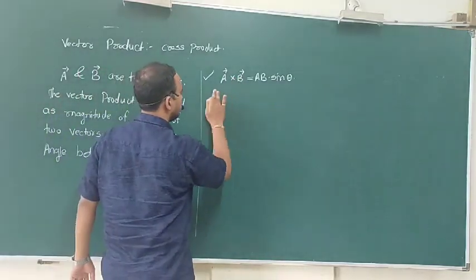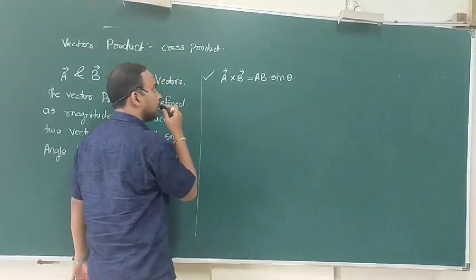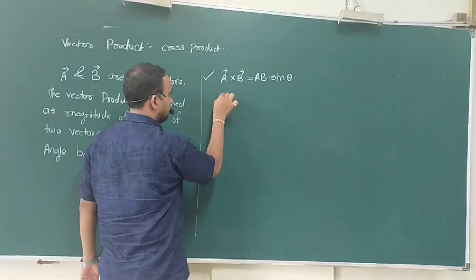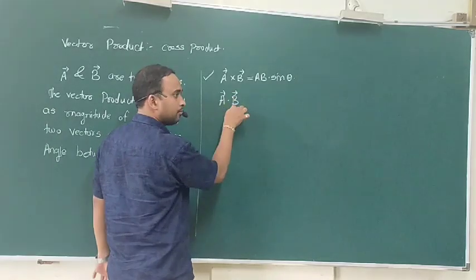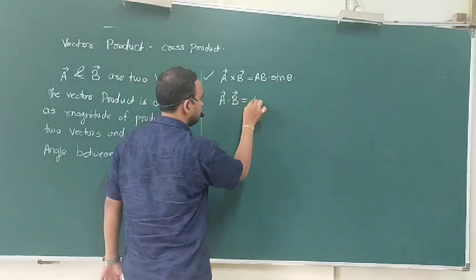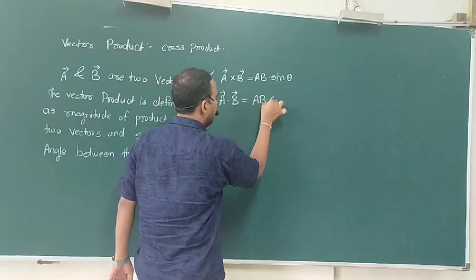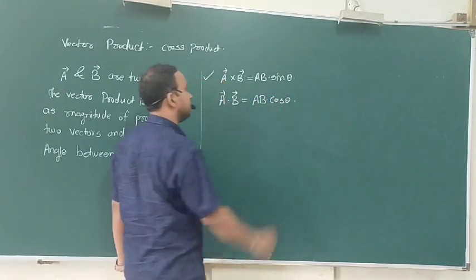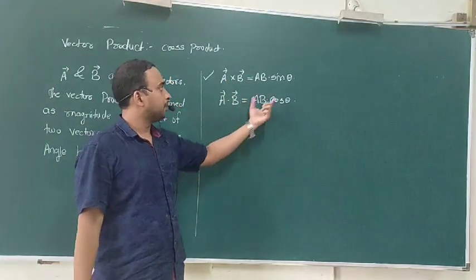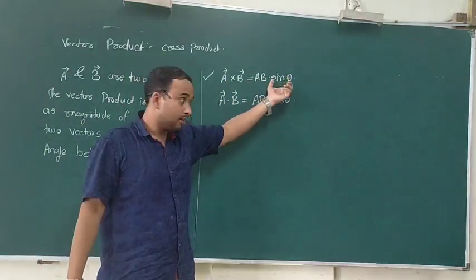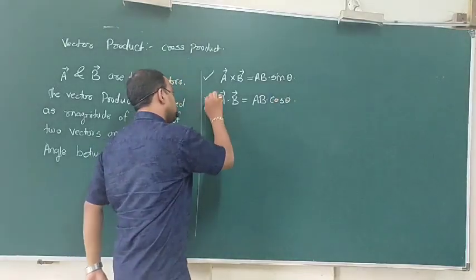As for the difference, we are taking cross product, the same as a bar dot b bar. Dot product is defined as the product of their magnitudes and the cosine of the angle between the two vectors. Here it is the same, but here it is sin theta and here it is cos theta.